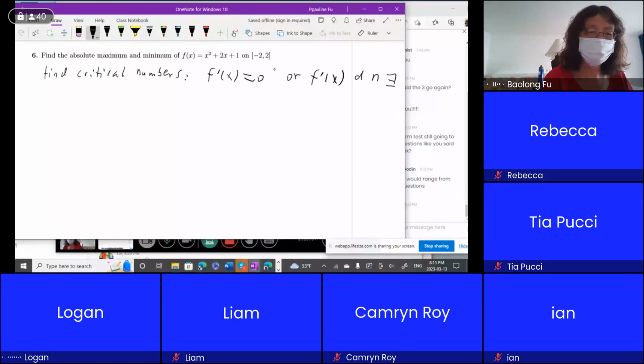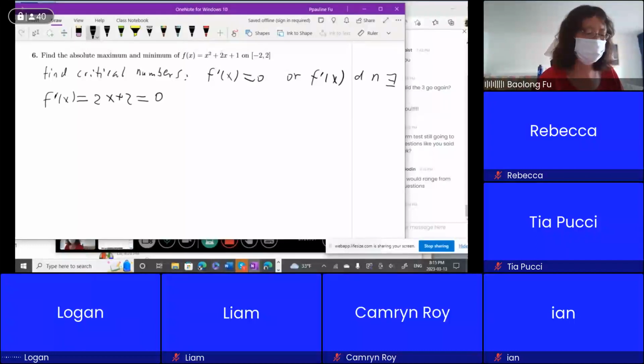So what is the first derivative? Let's calculate. It is 2x plus 2. Let this first derivative equal 0. We get x equal to -1.